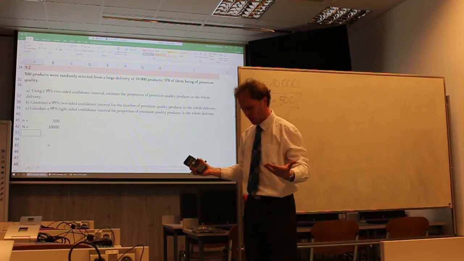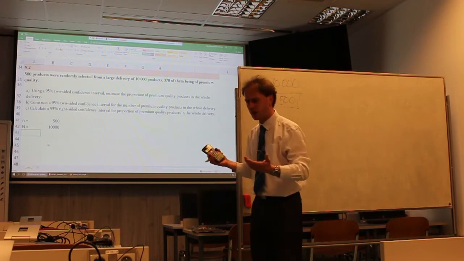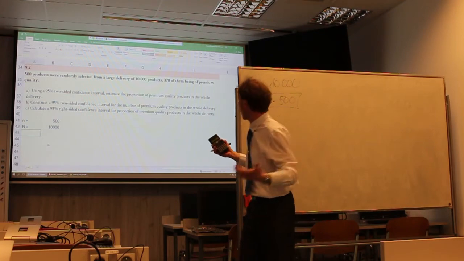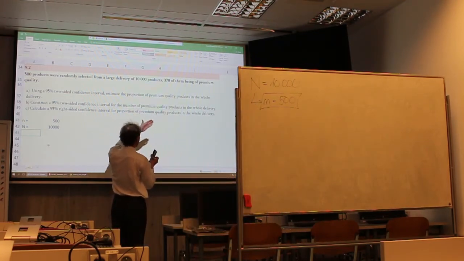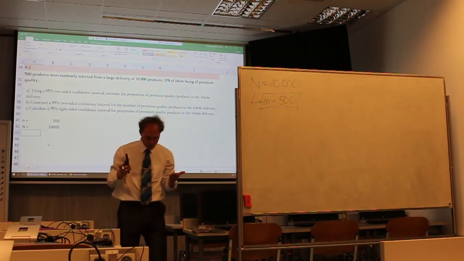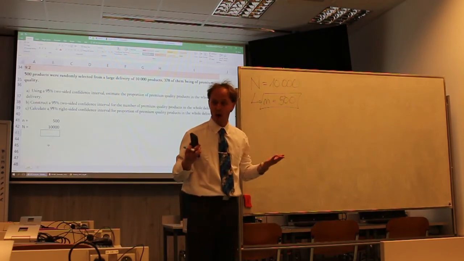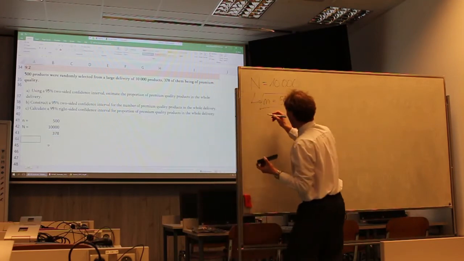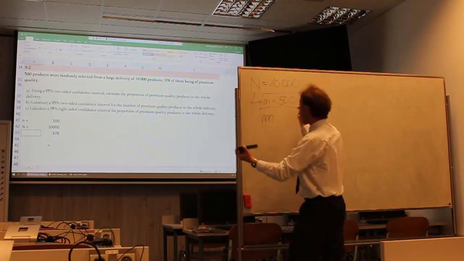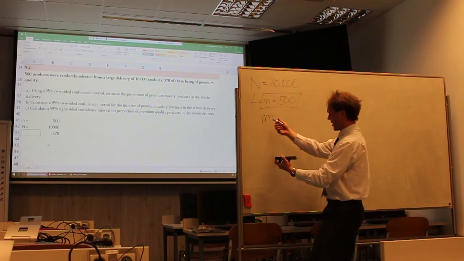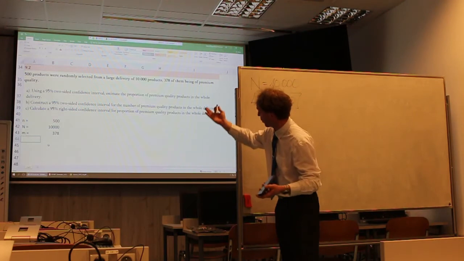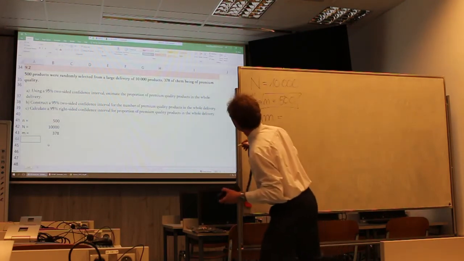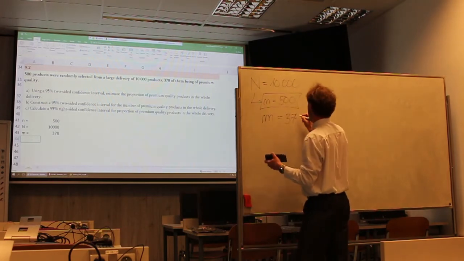You open these boxes and you check the quality of these displays, and you found that 378 of them are of premium quality, so the display is not broken, for example. So we know that small m, the special characteristic, the LCD display is premium quality, is equal to 378.